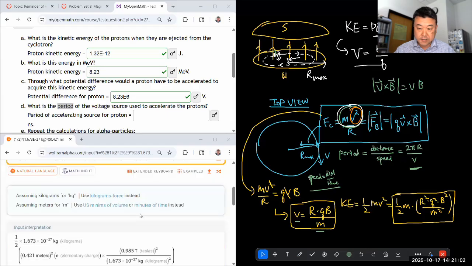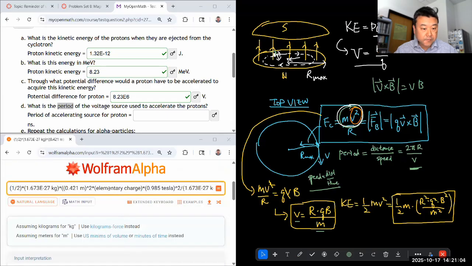I'm going to go back to this expression and isolate what was my v. It should be one factor of r, times q, times b, divided by mass. That's my v.